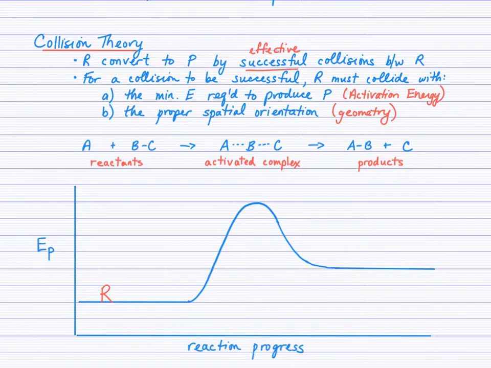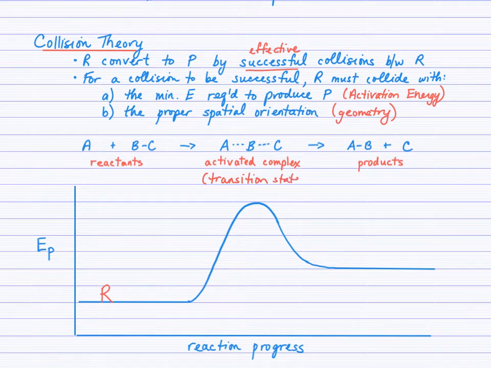And then going back to the equation here, as A strikes B, a bond begins to form, and at the same time the bond between B and C starts to be broken. So the intermediate species, the complex where A is partially bonded to B and B is partially bonded to C, we call this the activated complex or transition state. That's another name for it.